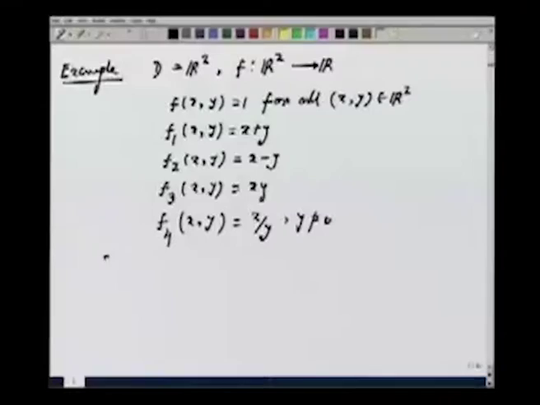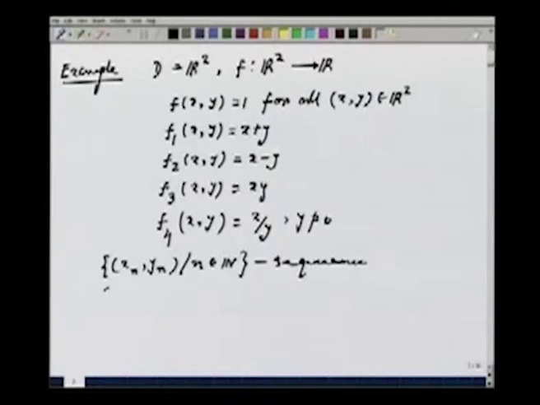So here the most fundamental thing to start with is, like in the real variable case, the convergence of sequences. So what is a sequence here? Well, it's exactly analogous to one variable. I look at (x_n, y_n), where n belongs to the set of natural numbers. This is a sequence, but it's a sequence of two variables.